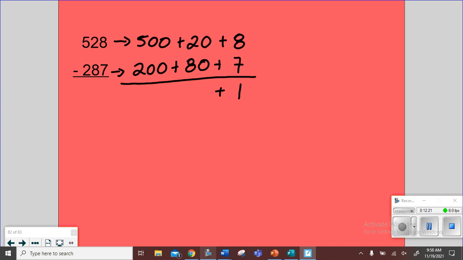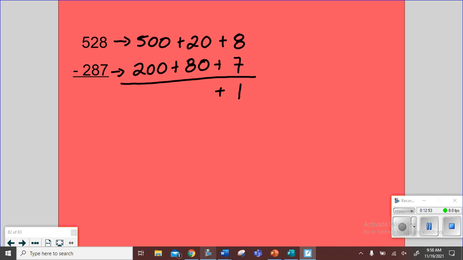Now 20 minus 80. Do I have enough tens? No. I don't have enough tens. Right now I have 20. I don't have enough tens to easily subtract 80. But I do have 4 tens hiding somewhere.